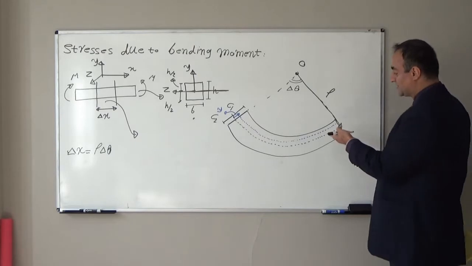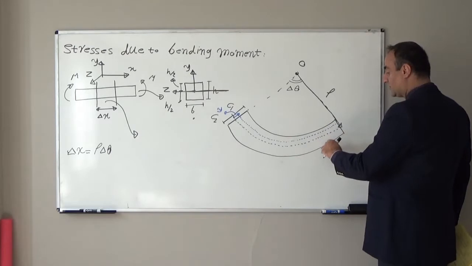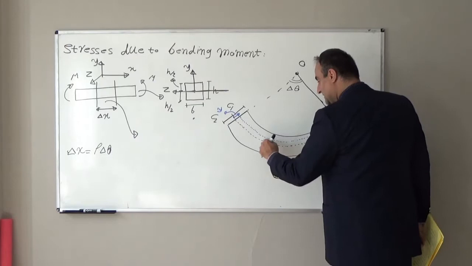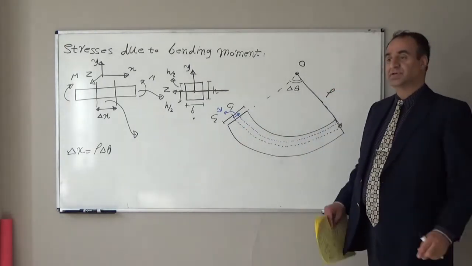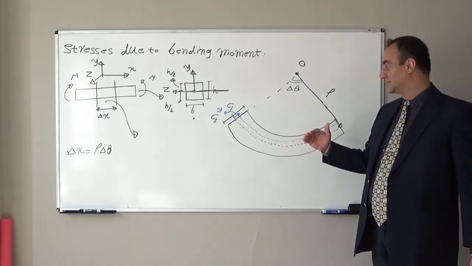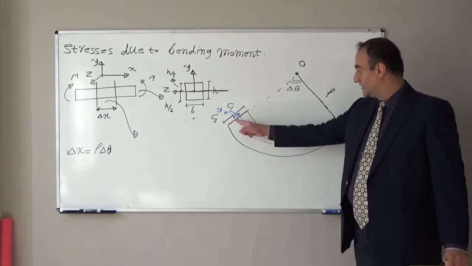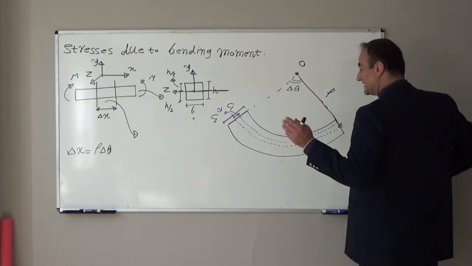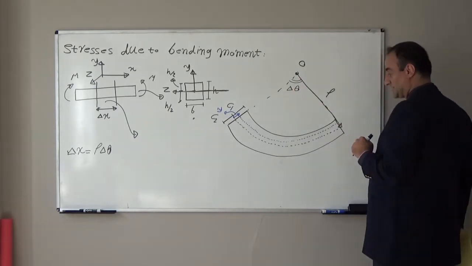After deformation, above the neutral axis we have compressive strain, below it we have tensile strain, but at the neutral axis we don't have any deformation. So the length remains delta x, and this arc length will be, in the range of small deformation, delta theta times rho.